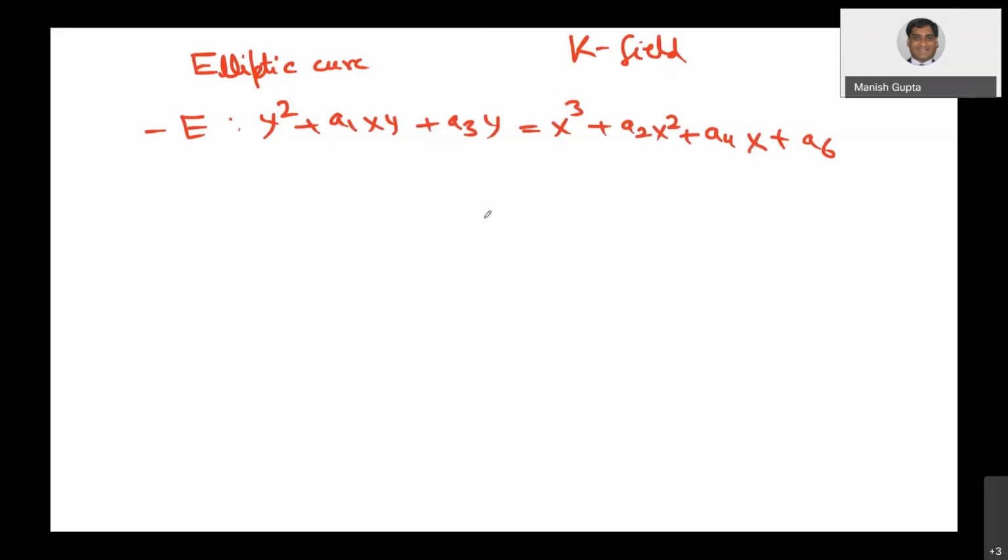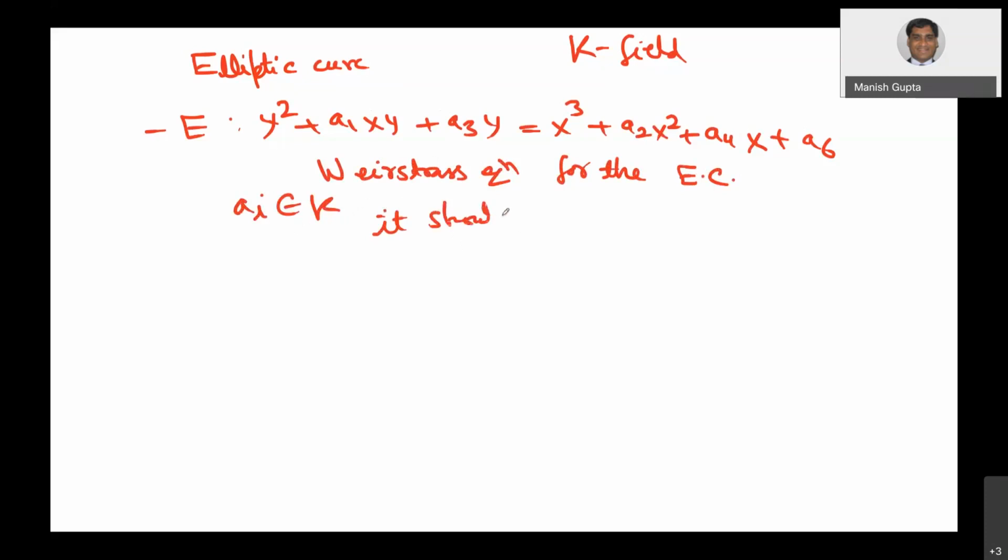An equation of this form is known as the Weierstrass equation for the elliptic curve, right? And the ai's belong to k, provided it should not have a singular point.